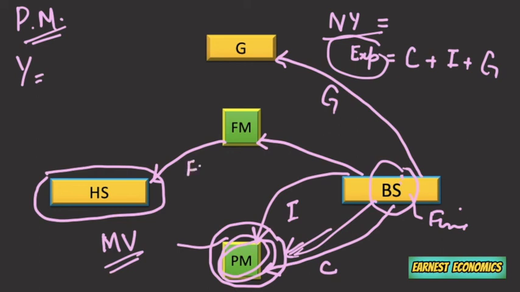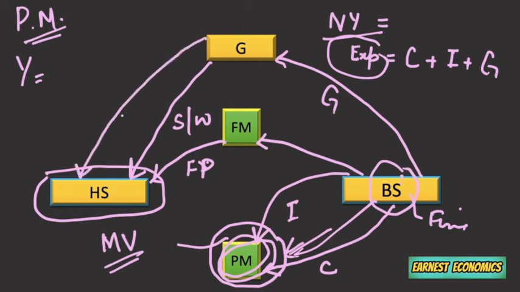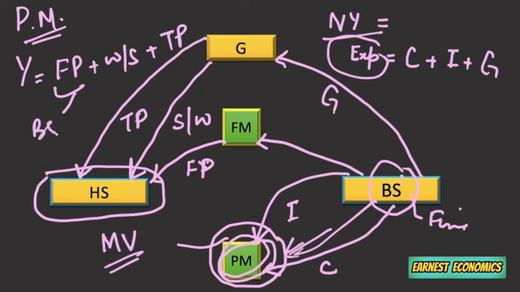The next is salaries and wages paid by the government to run its administration, defense, and other departments. And the third one is transfer payment. So you can say that it is factor payment, plus wages and salaries, and then transfer payment. Now the first one is provided by the business sector, and these two are provided by the government sector.